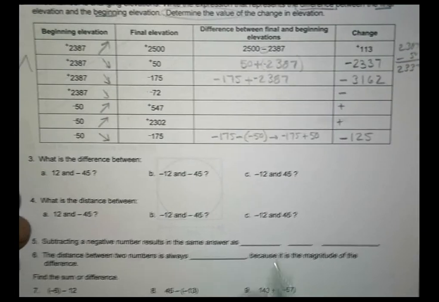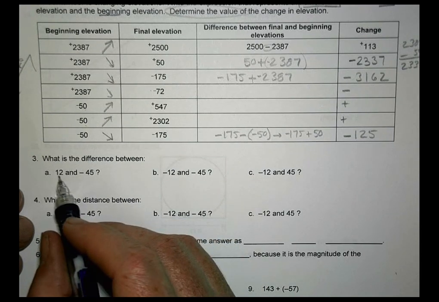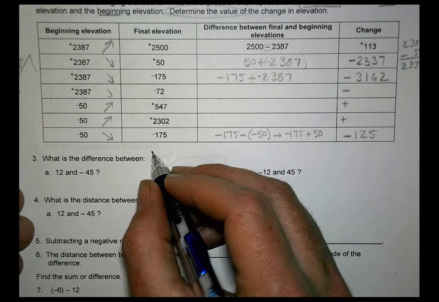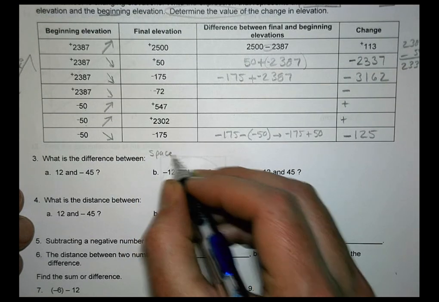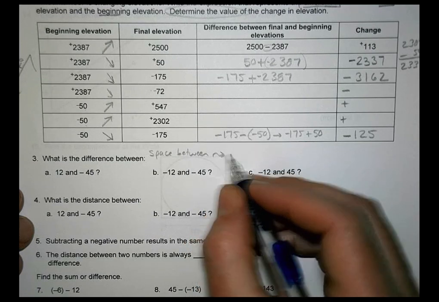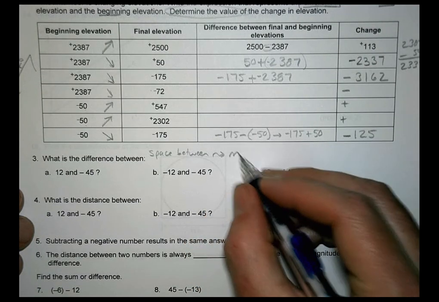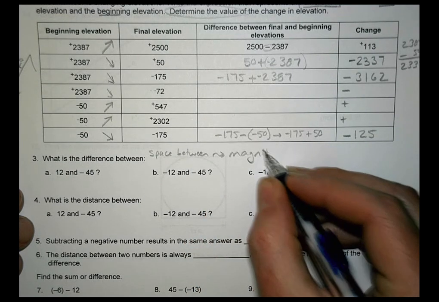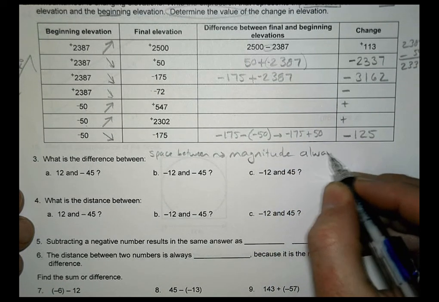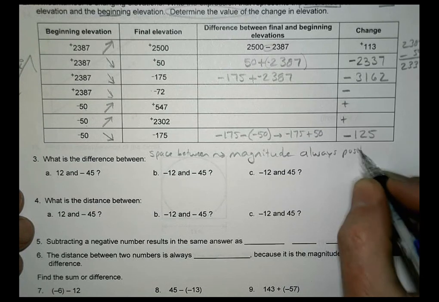Okay, number 3. What's the difference between 12 and -45? We're talking about the space between the two numbers if you're thinking about a number line. This is what we call the magnitude, which we talked about today, and the magnitude is always positive.